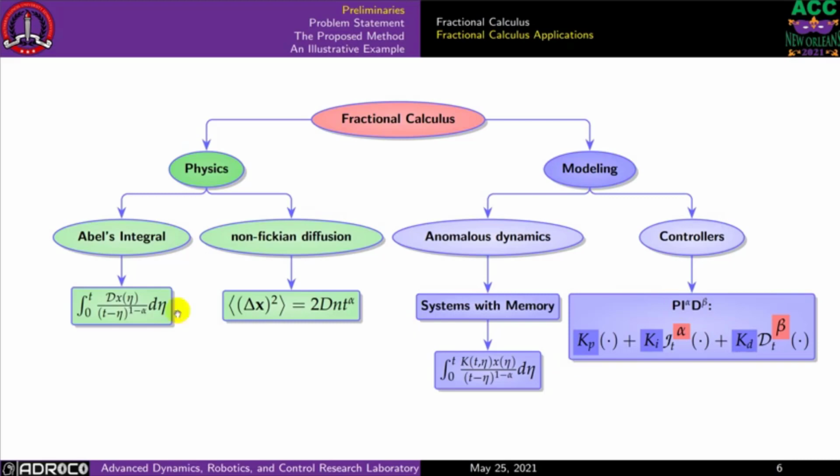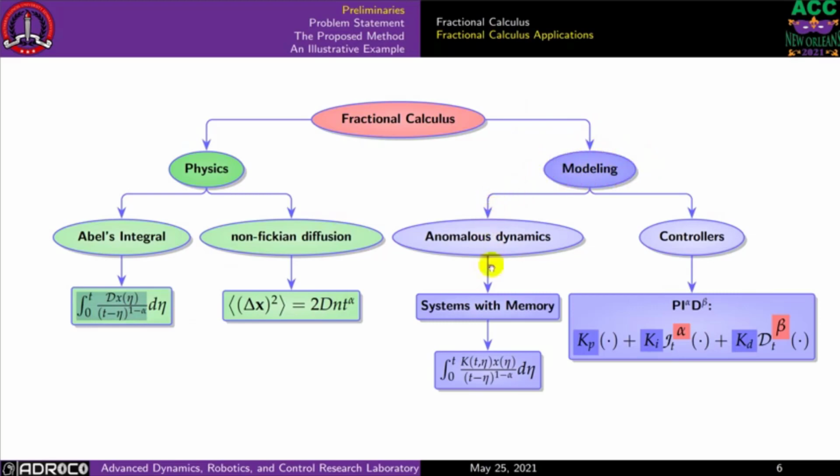As you see in this problem, this integral has a singular kernel, which is nothing more than the fractional derivative operator. For non-Fickian diffusion, we can show that eventually we end up with fractional derivative operators in the sense of Riemann-Liouville. Or you might use this fractional operator as a tool in the modeling and try to get a better response and higher performance compared to the traditional model that you have.